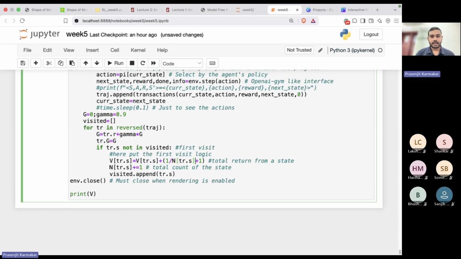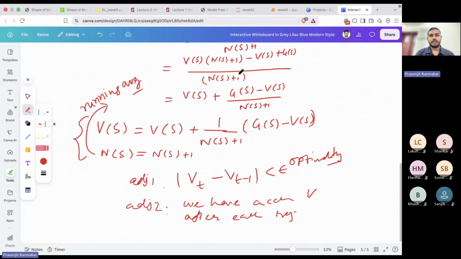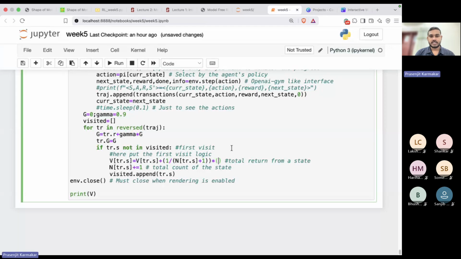Just do another bracket. This is the 1 divided by N(S) plus 1, okay? Into, what was the code? G(S) minus V(S), right? So G minus V of transaction of S.